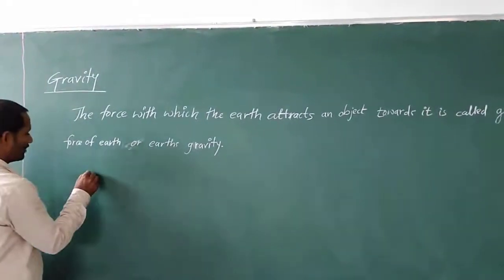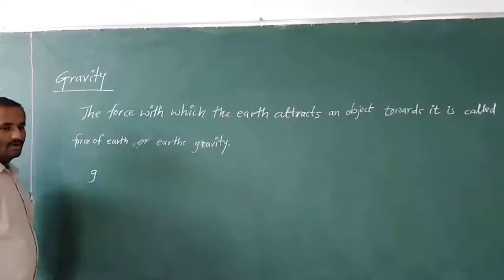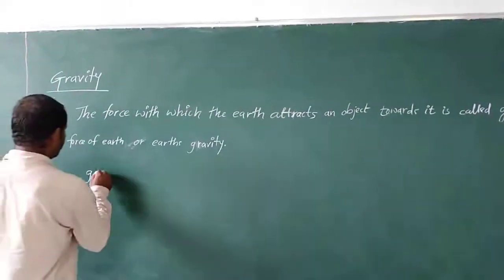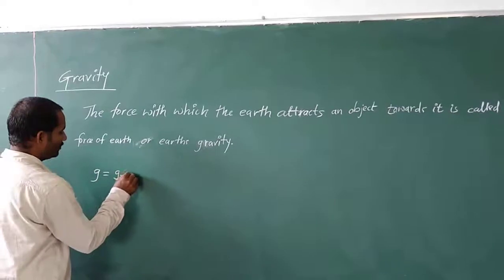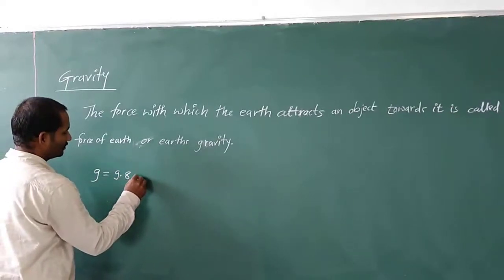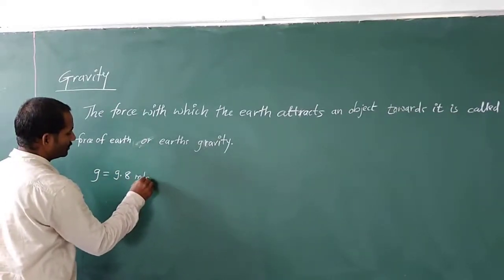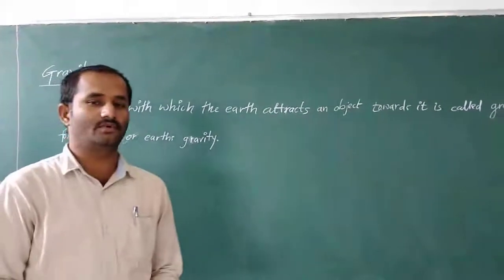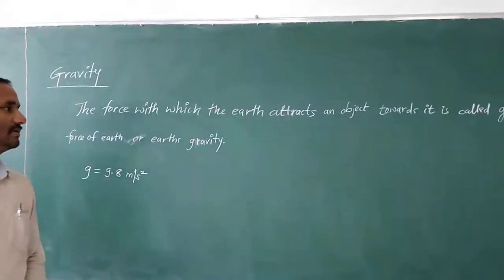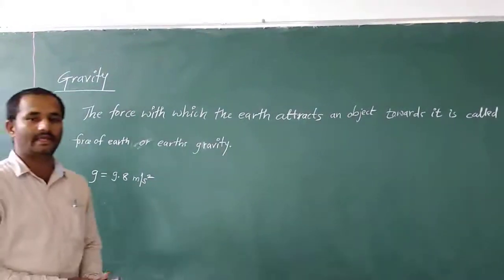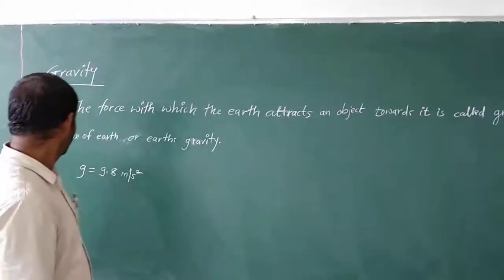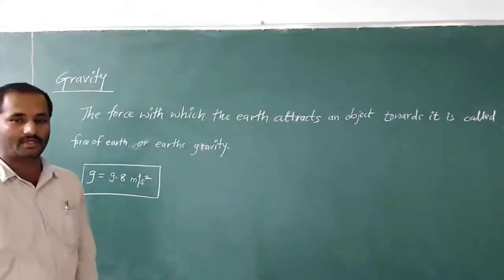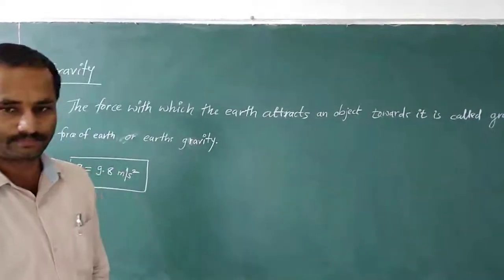So what is the acceleration due to gravity? We can write g is 9.8 meter per second square. So the acceleration exerted on any object on the earth is 9.8 meter per second square.